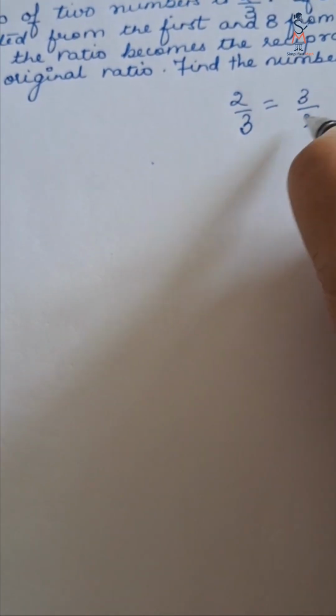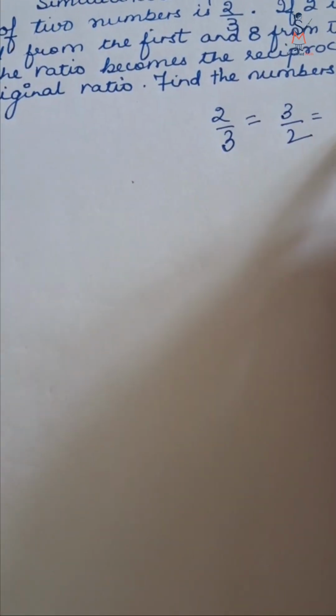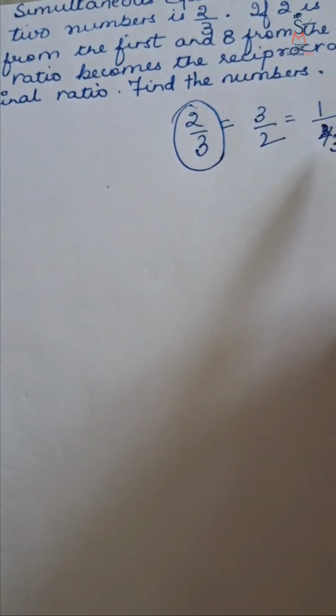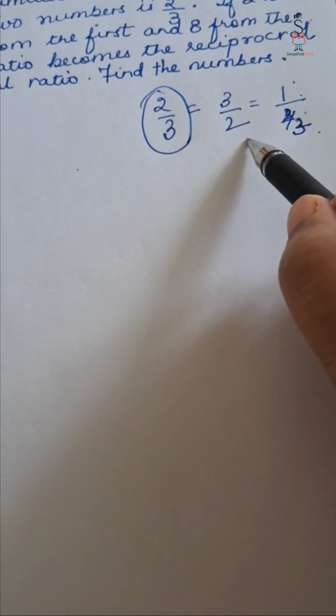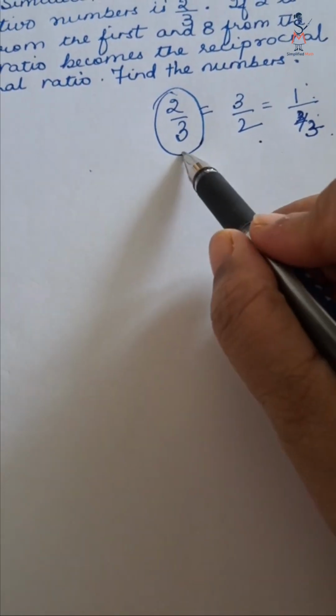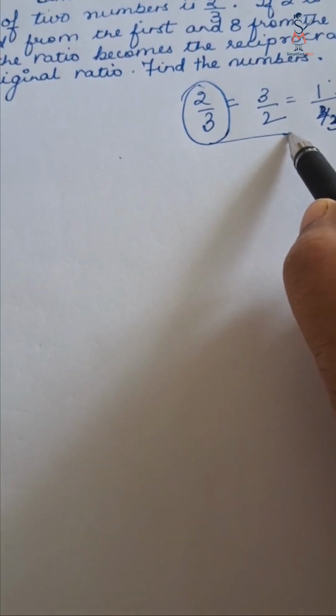That means the numerator becomes the denominator and the denominator becomes the numerator. Actually it is 1 divided by 2 by 3, because the ratio was 2 by 3. That means 3 goes on the top and 2 comes at the bottom. So reciprocal means you change the numerator with the denominator and the denominator with the numerator.